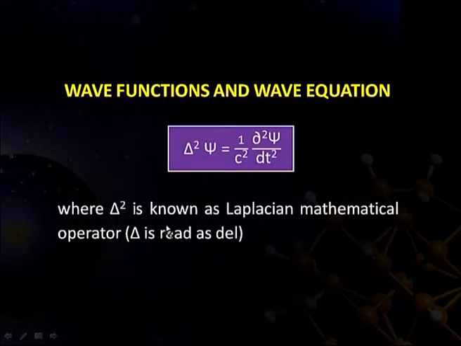Here del square is known as the Laplacian mathematical operator, and del is read as del. Although the significance of psi is not so meaningful and reasonable for electron as for the familiar wave motion, in 1926, Schrödinger derived the following equation, known as Schrödinger wave equation, to describe the motion of the subatomic particle.